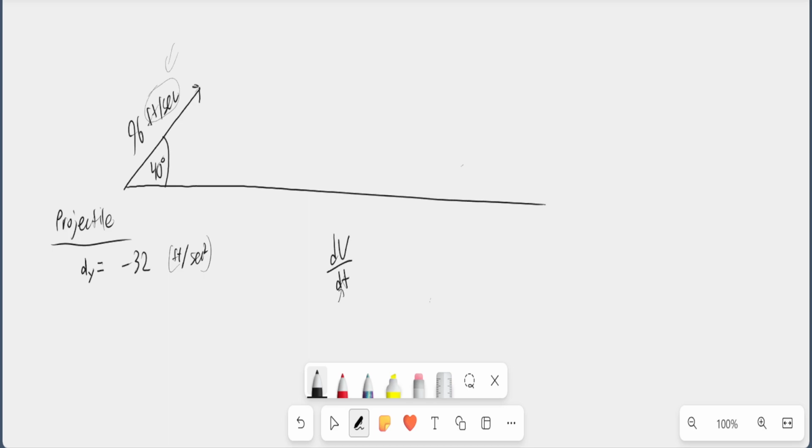And our time unit is seconds, so it's feet per second times 1 over second, right? So it becomes feet per second squared. So that's why it's feet per second squared. Okay, so that's negative 32. And as I just said, the derivative of velocity is acceleration. So the antiderivative of acceleration is velocity. So how do you get the antiderivative of negative 32?